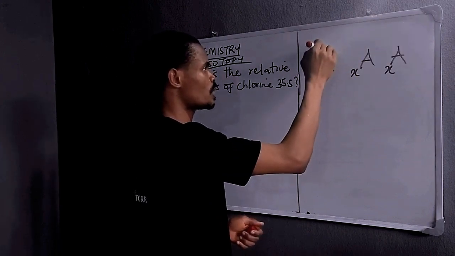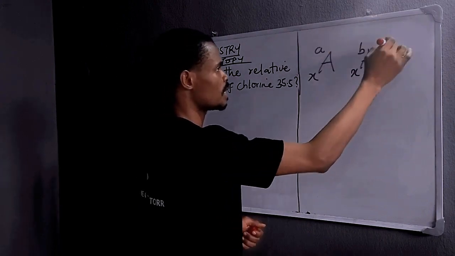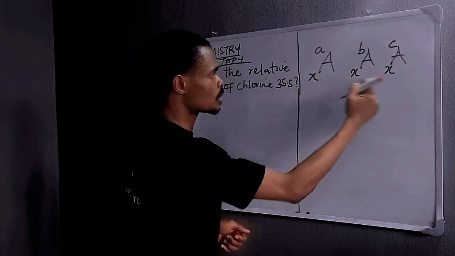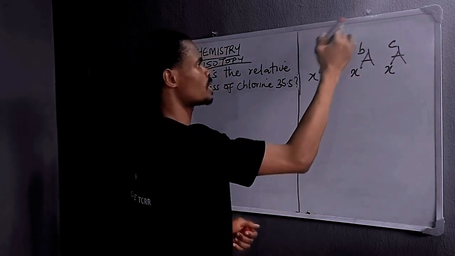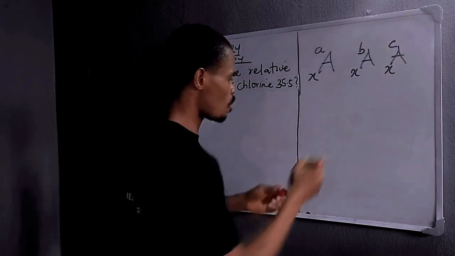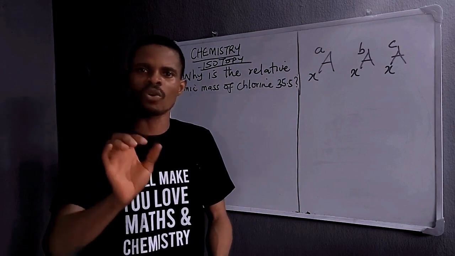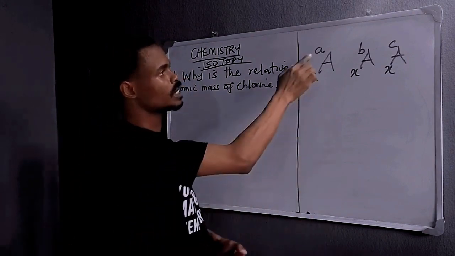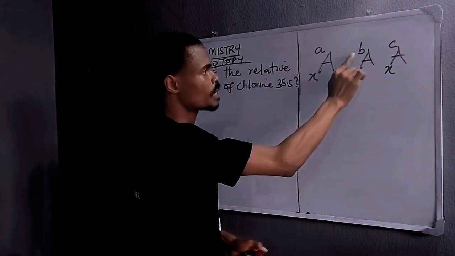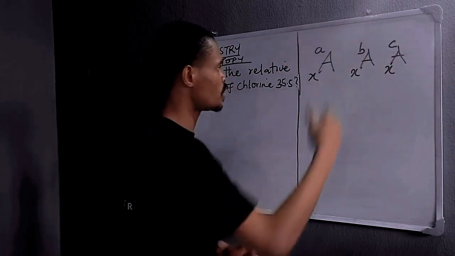So, for example, this is A, this is B, and this is C. The atomic numbers are the same, but they have different mass numbers. This is due to differences in the number of neutrons. That is to say, the neutron number for each of the atoms differs.